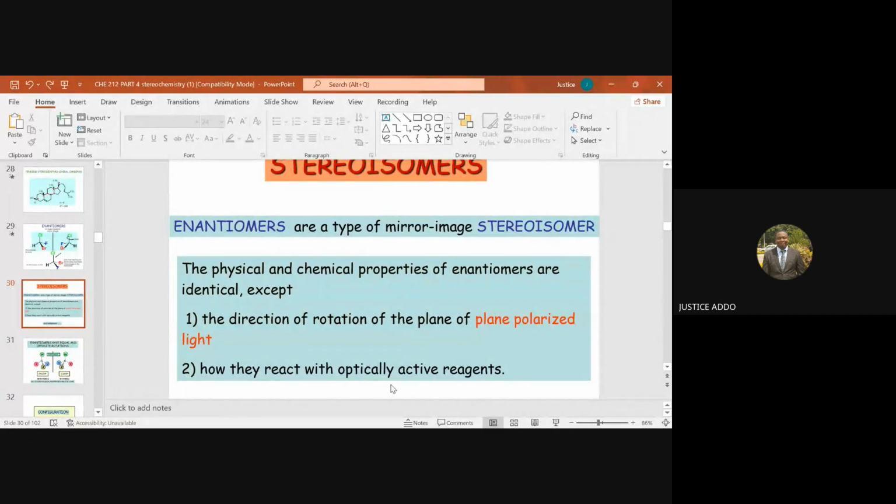So if a reagent also meets these two criteria, then that reagent is what? Optically active. And this optically active reagent reacts differently with a pair of enantiomers. They react differently with a pair of enantiomers. So these are the two distinct ways that we can see a difference between enantiomers.